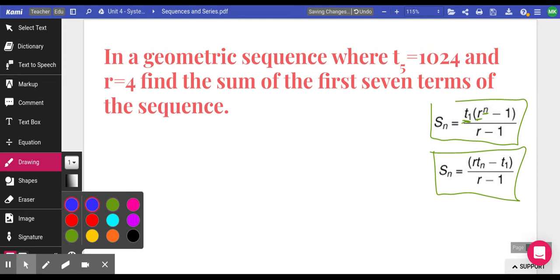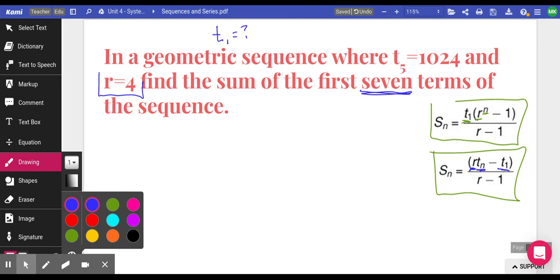Looking at our question, we know r is 4, we know n is 7, but we do not know t of 1. The second formula requires you to know r, which we know, requires you to know t of n, which we do not know because we don't know the 7th term, and requires you to know t of 1, which we also do not know.